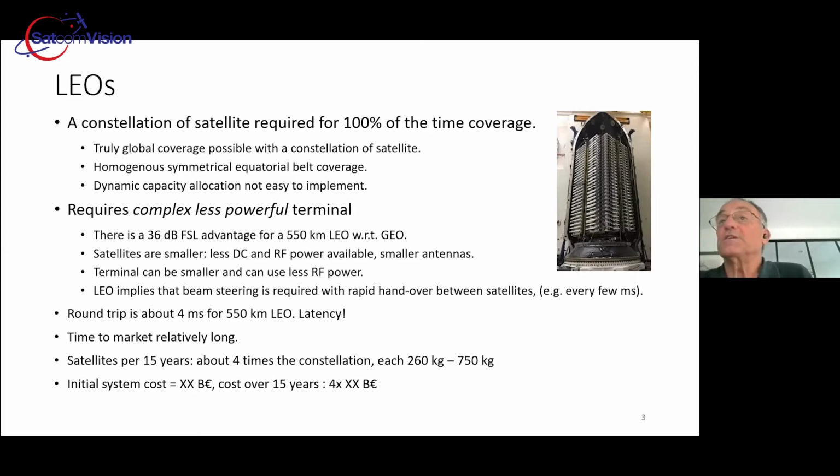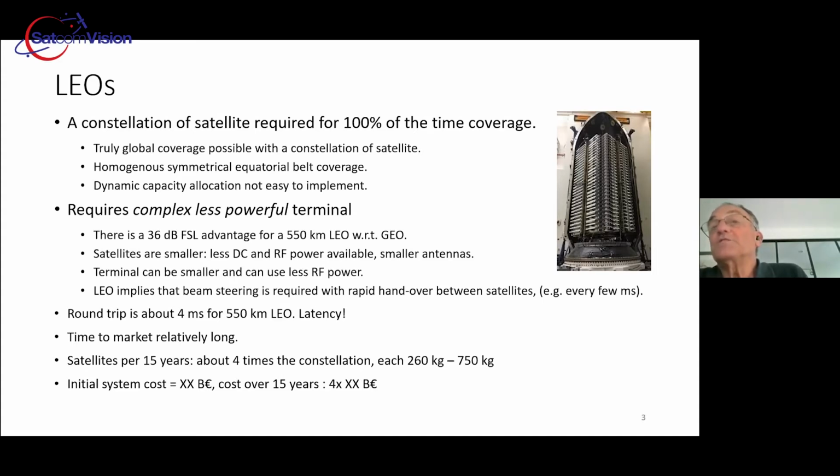This is because if you have a satellite that's over the ocean, you cannot put that capacity somewhere else if it's not required. When it comes to the terminal, you need what I would call a complex low power terminal. Basically, you have a free space difference if we consider 550 kilometers as the altitude of LEO.